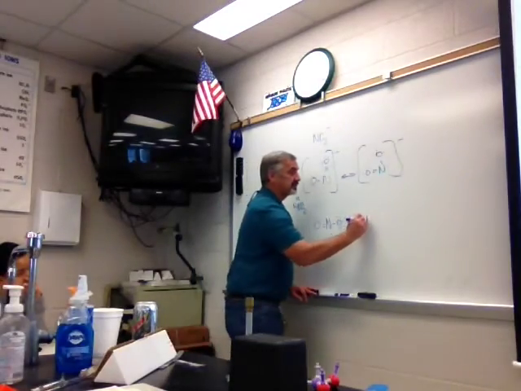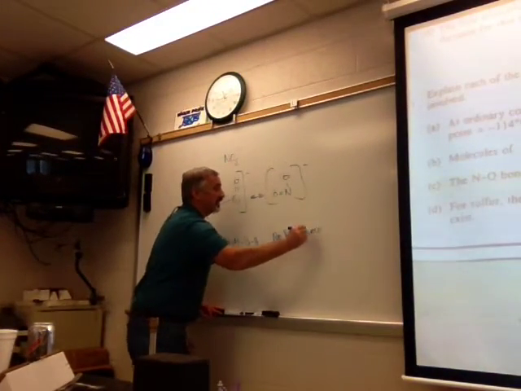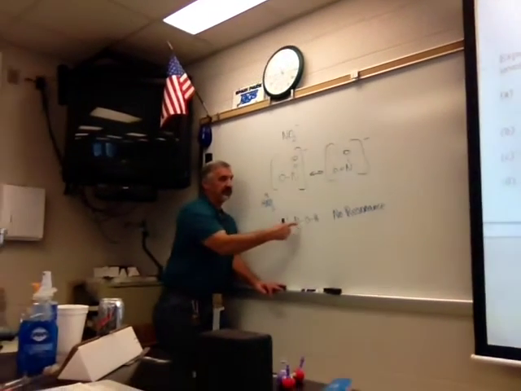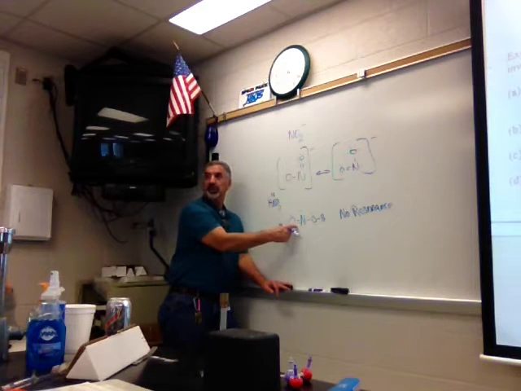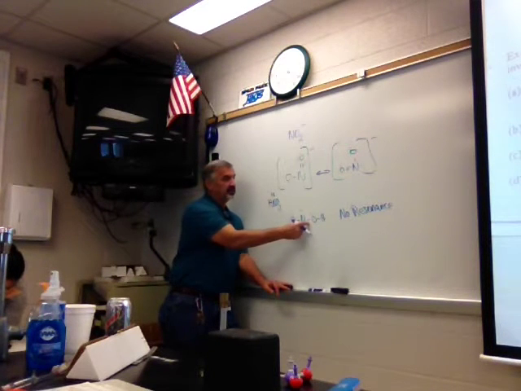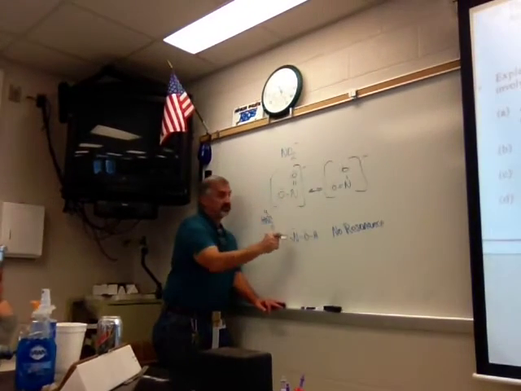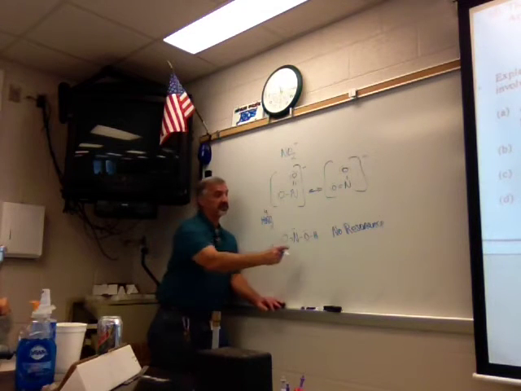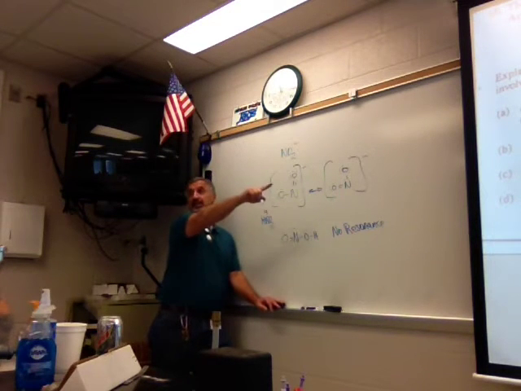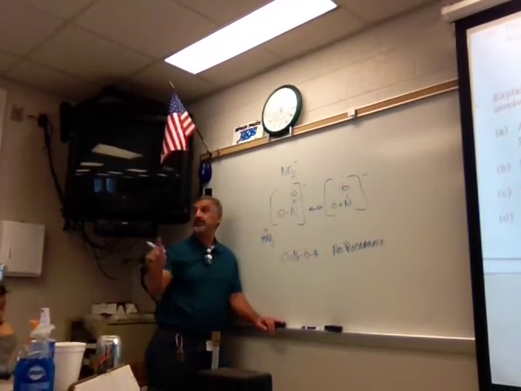No resonance on this one. So what does that mean as far as the bond length and bond order in terms of the nitrogen-oxygen bond here versus here? This one's going to be shorter, higher bond energy, stronger than that one. So you're going to have 2 identical bonds here because of resonance. Here, you're going to have a double and a single bond. No resonance because of the presence of that hydrogen. Just like on that HCO3 minus, that third oxygen couldn't be part of the resonance structures because of the presence of the hydrogen.